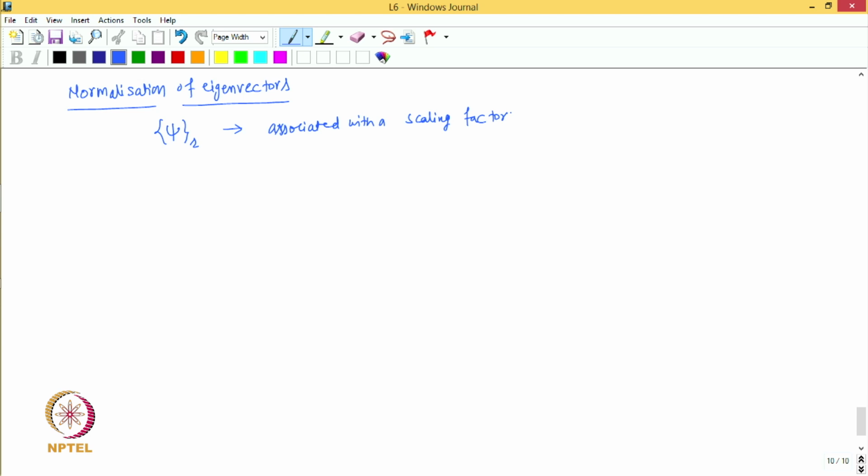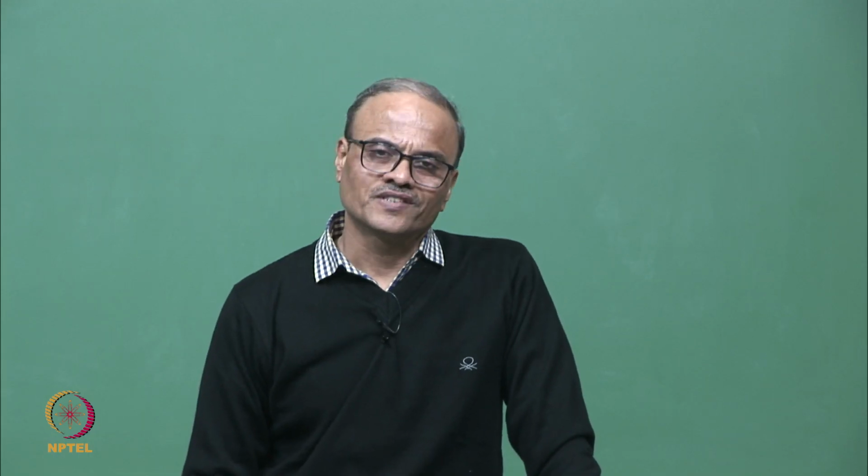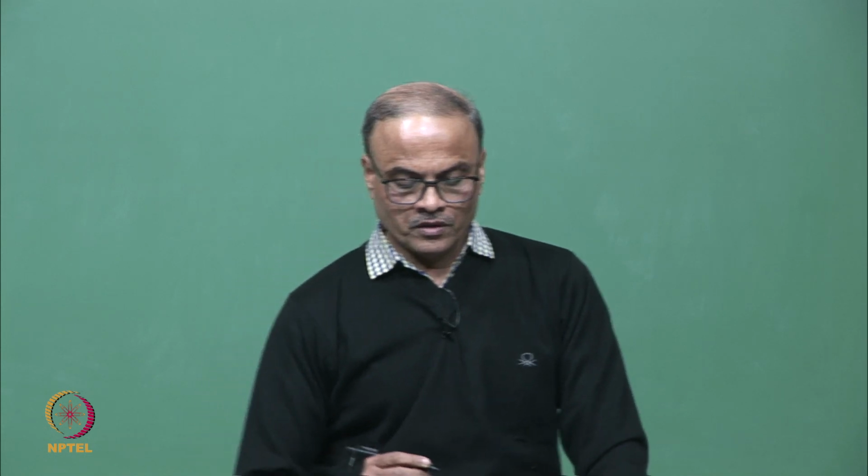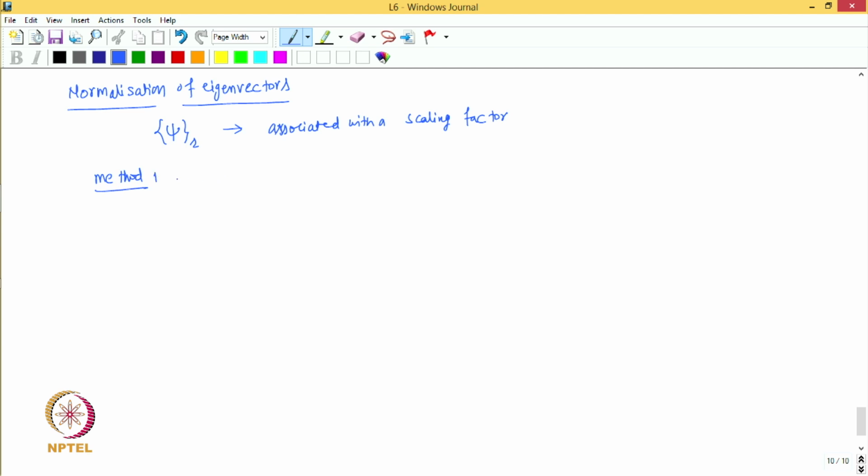So, the question is, can we choose a specific method of scaling this eigenvector. The first method to scale this eigenvector could be that we say the maximum element in the eigenvector is unity.